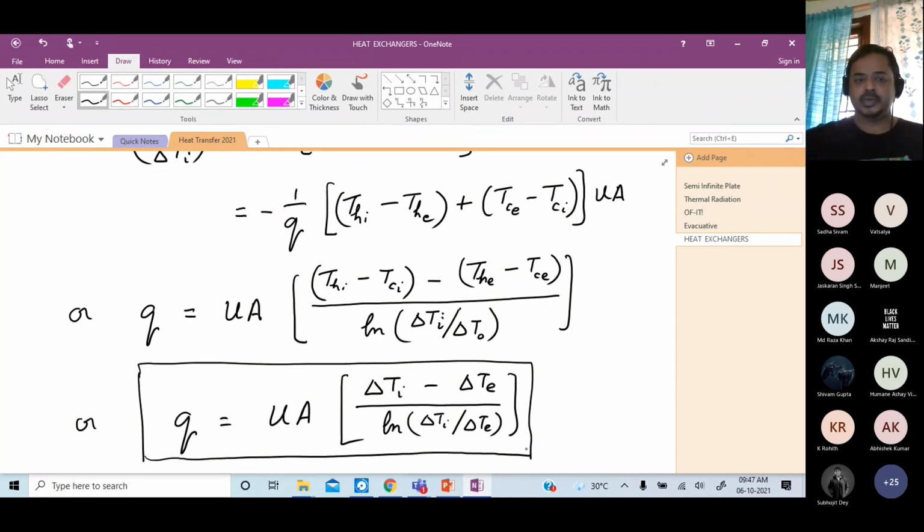So we wanted something in this form, right? UA times a mean temperature difference. We have got that. This is your mean temperature difference.